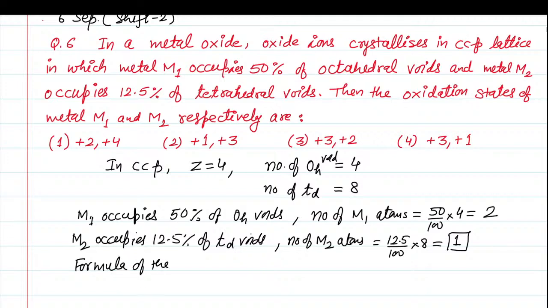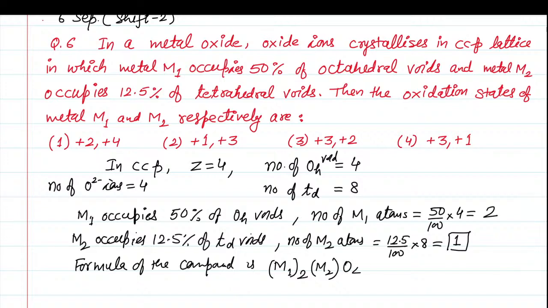So the formula of the compound is M1, how many M1 are there? 2. How many M2 are there? 1. And oxide ions form the CCP. That means number of oxide ions is 4. So O4. Okay, so what is the oxidation number of M1 and M2?